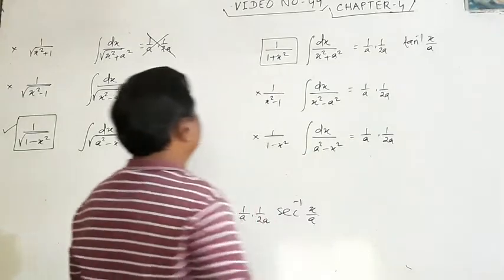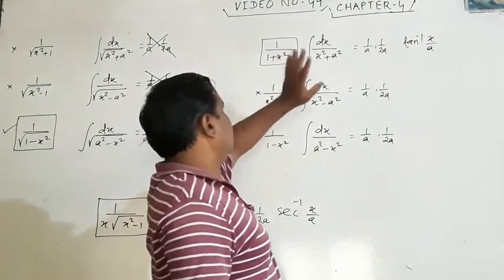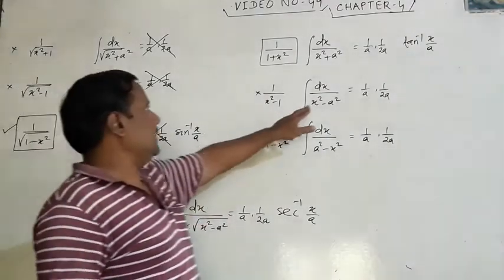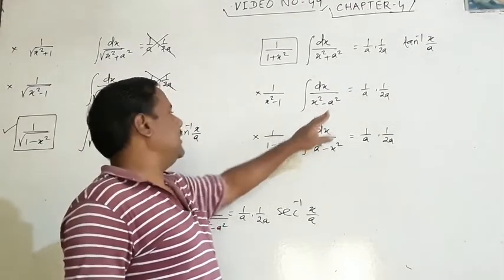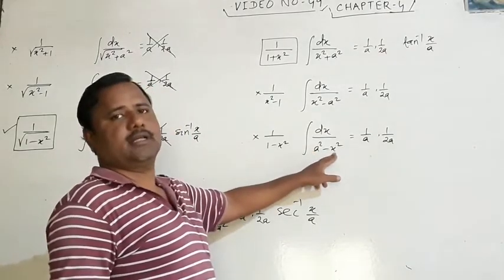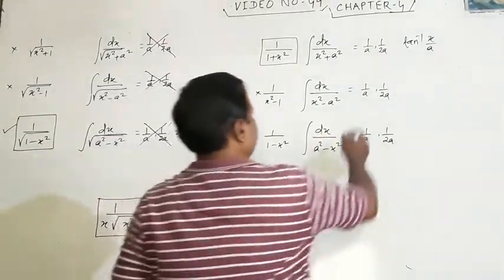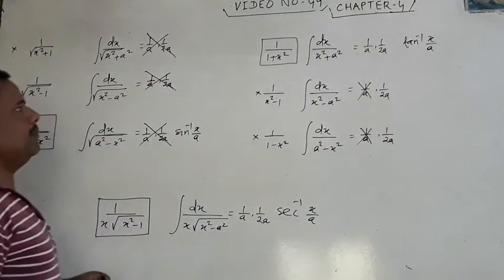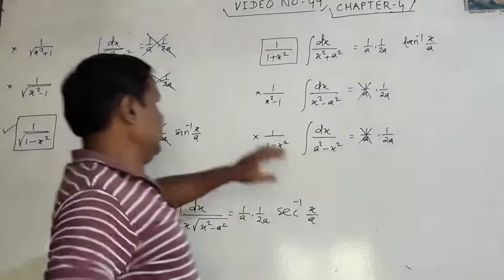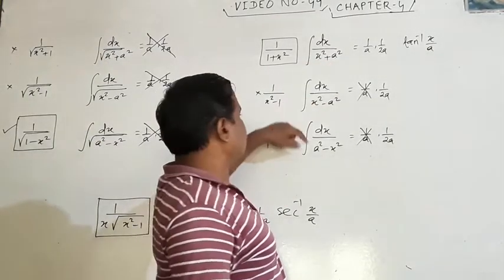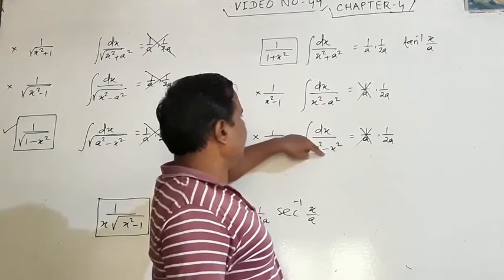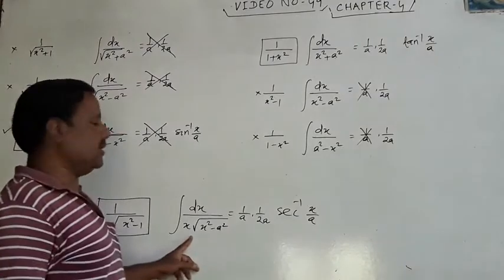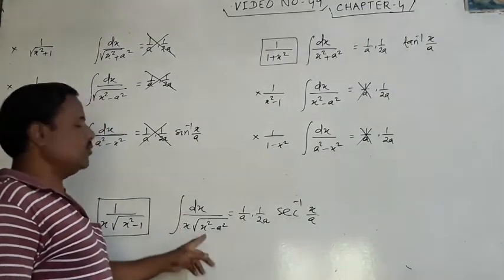Now remember what will happen among these 4 things: x square minus a square, and a square minus x square. In these 2 cases, we will keep 1 by 2a. And this is a special one because among these 3, these are minus and this is plus. This is special. And this is special because one variable, another root over is there.